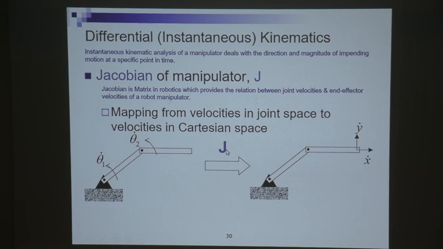So the Jacobian matrix provides this relationship. It is a mapping between the velocity in joint space to the velocity in Cartesian space. The end effector is in Cartesian space, and the velocities theta 1 dot and theta 2 dot are in the joint space. In Cartesian space, you have y dot and x dot. This is the Jacobian matrix.